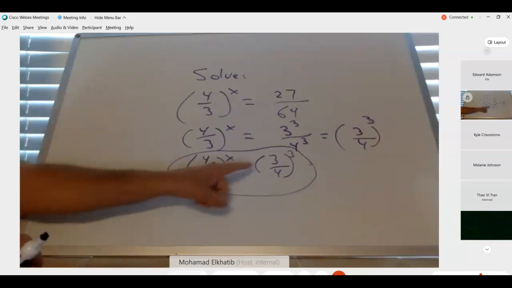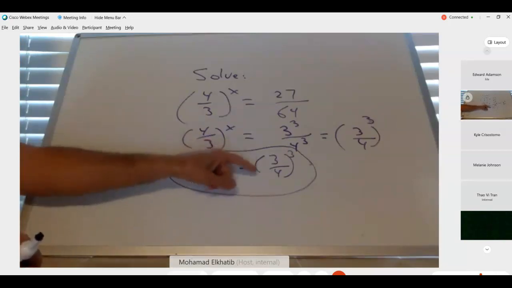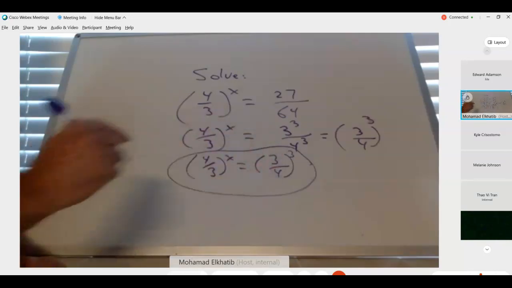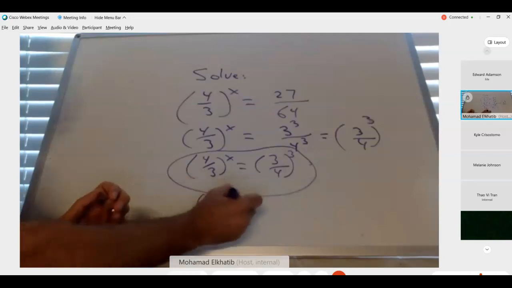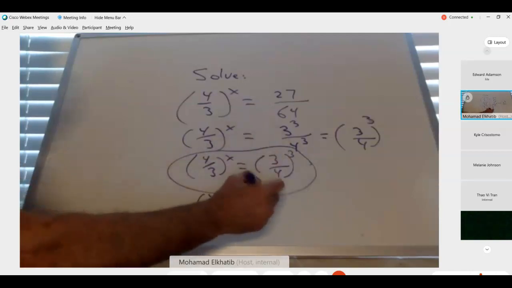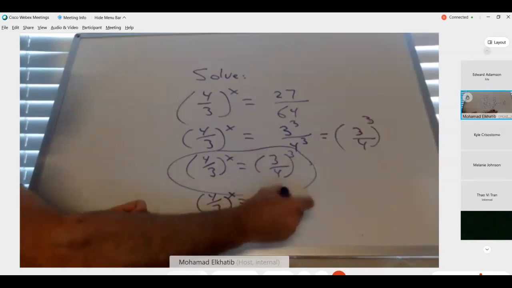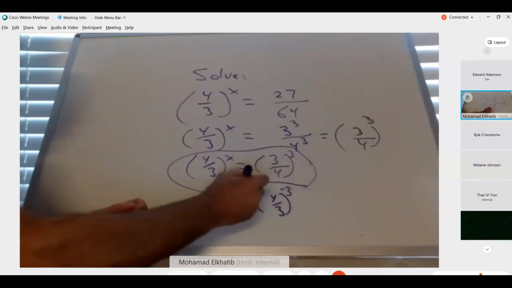Now, these bases are not the same. That's 4 over 3, that's 3 over 4. They're flipped. Whenever they flip, watch this, class. I like to flip 3 over 4 to make it 4 over 3. Anytime you flip a fraction, you change the sign of the exponent from 3 to negative 3.